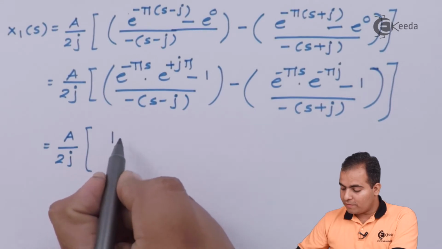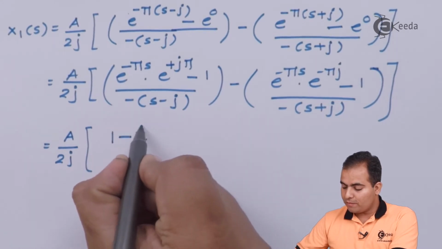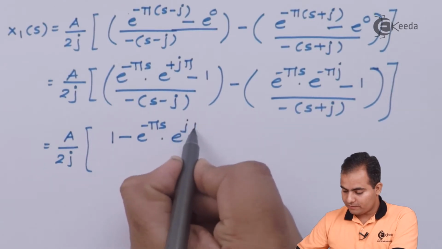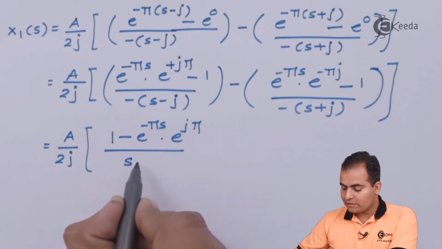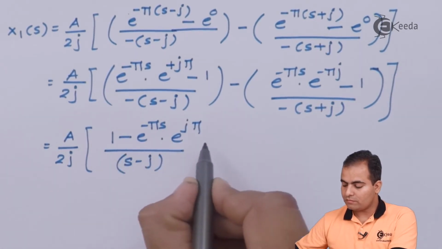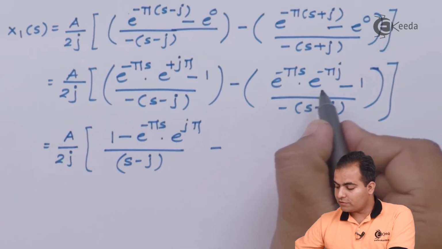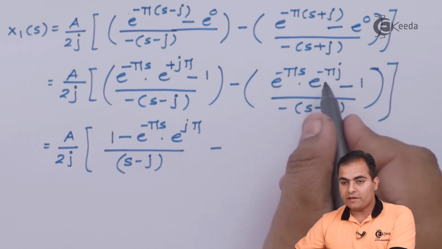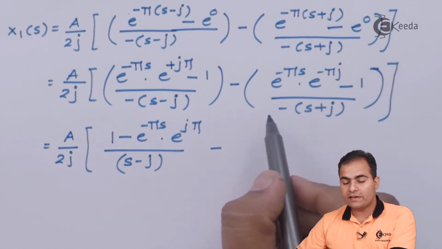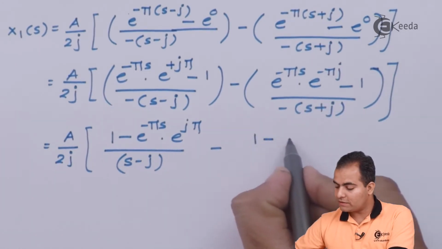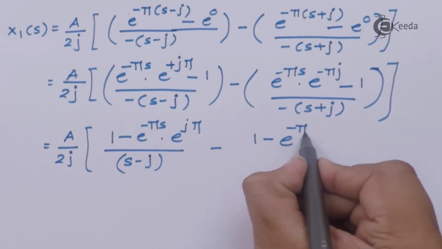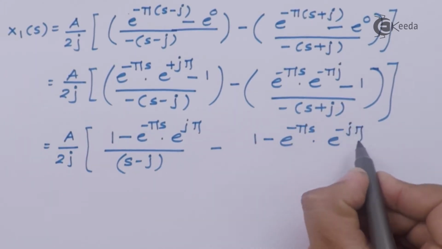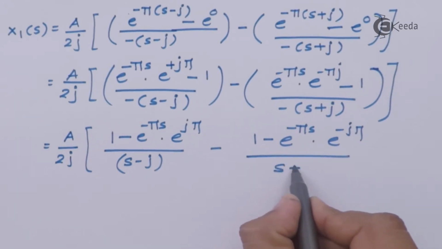So we have 1 minus e to the power minus pi s into e to the power j pi whole divided by s minus j, minus, here also after multiplying minus sign, this one will be positive and this product will be having negative sign, and this minus sign will get cancelled. So we have 1 minus e to the power minus pi s into e to the power minus j pi whole divided by s plus j.